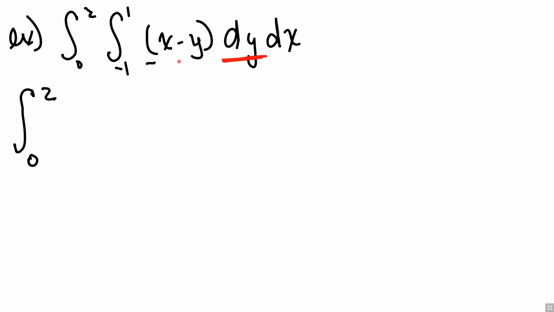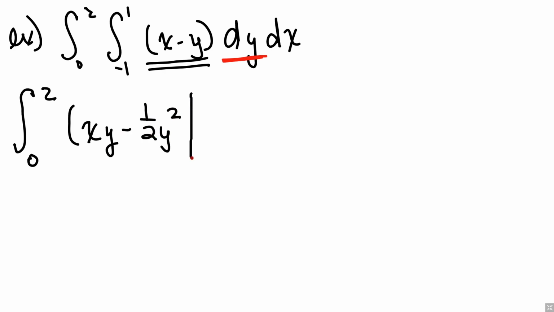Now, what I'm going to do is take the antiderivative of this with respect to y. So I'm going to end up with xy minus 1/2 y squared. Then I'm going to evaluate this from -1 to 1. And then after I get this value, I need to integrate with respect to x.